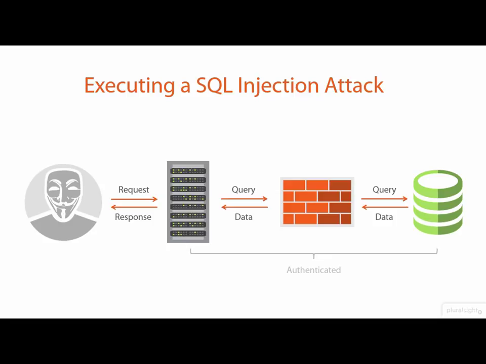And the thing is, that website is almost always going to connect to the database using the same identity, regardless of who the actual user is. It doesn't matter whether they're Bob or Jane, anonymous or authenticated. The web application almost always connects under the same identity to the database.